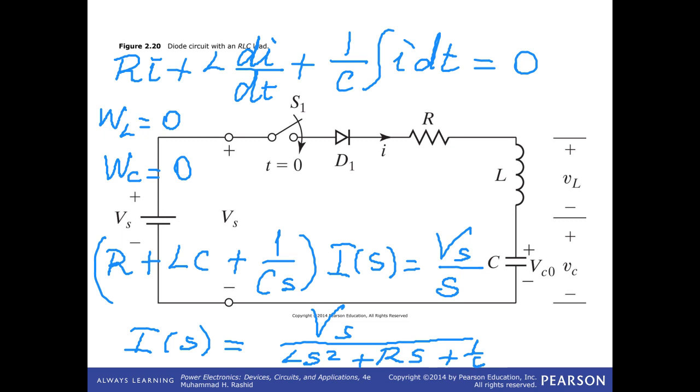Current is going to flow through the loop, and in the S domain that's the version of the current.